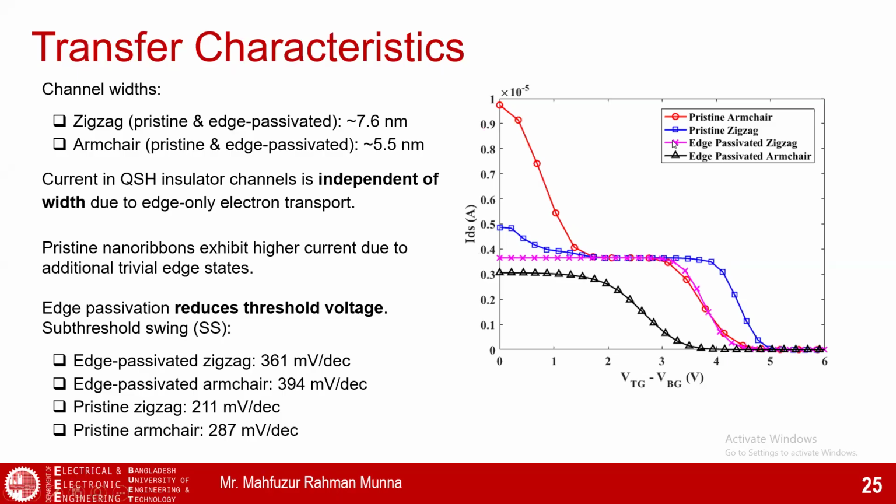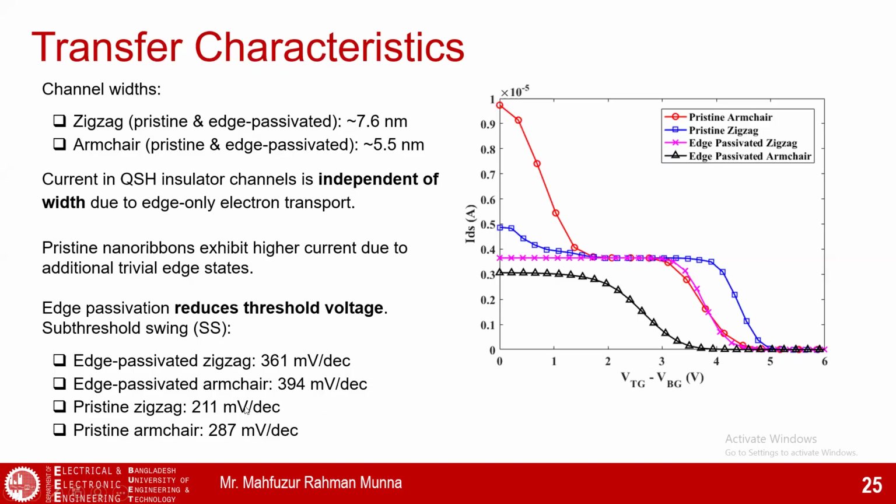So the stanene zigzag nanoribbon is this cross curve, and pristine zigzag is this circle line. So as you can see, by using stanene in this zigzag nanoribbon, we can reduce the threshold voltage. However, this nanoribbon has one drawback.